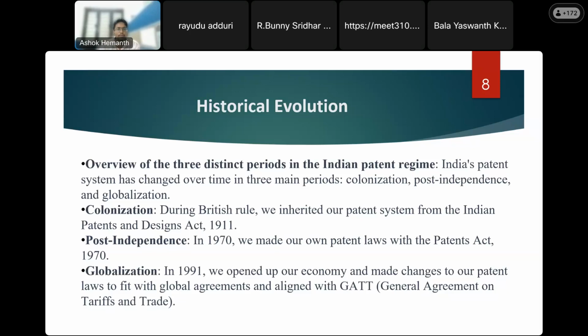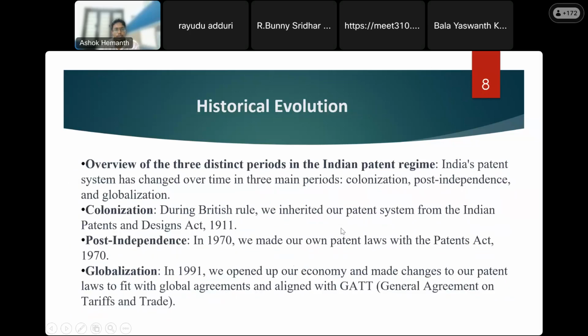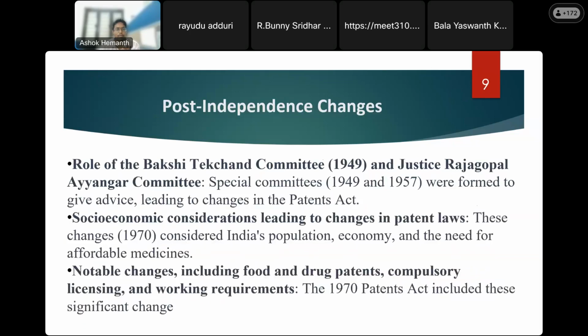So next slide. Post independence. During the British era, we got the Patent and Design Act 1911, and after we got independence, we put a committee together, called the Justice Rajagopal Iyengar Committee, because we wanted to find out if there were any setbacks with the current patent law.